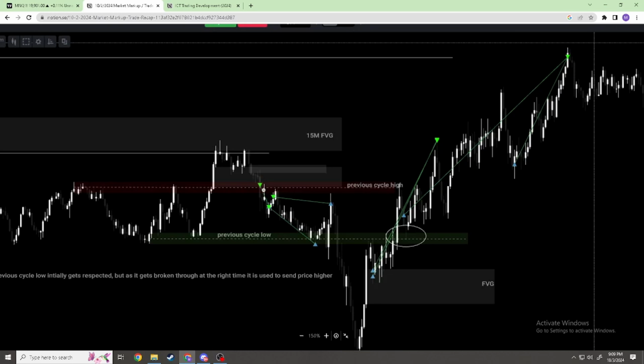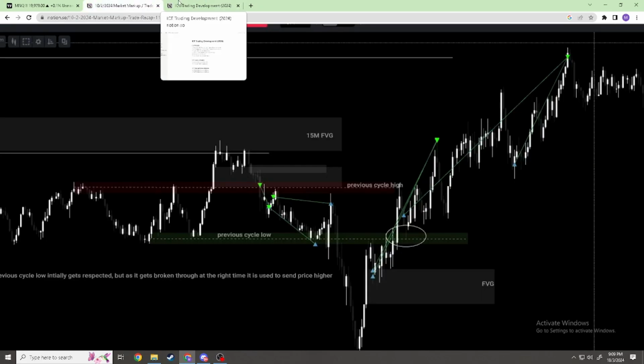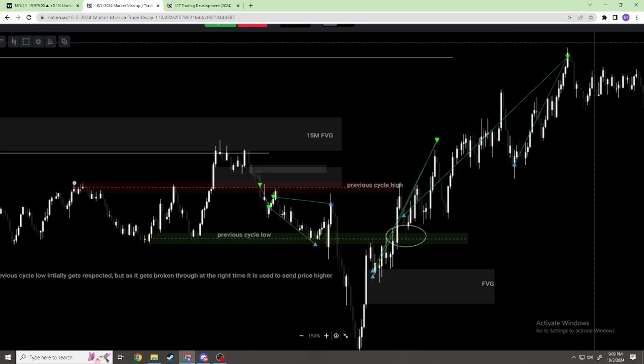A breakdown with displacement. There's a fair value gap that forms, and then I see this inverse fair value gap being disrespected as well as previous cycle high, which is the high from 7 o'clock to 8:30. I can go into that more in detail later, but it's the high of this whole candle, and I drag that across my screen.